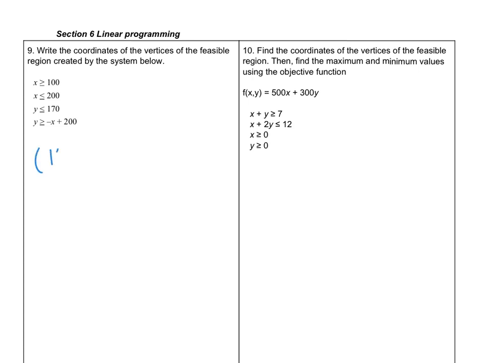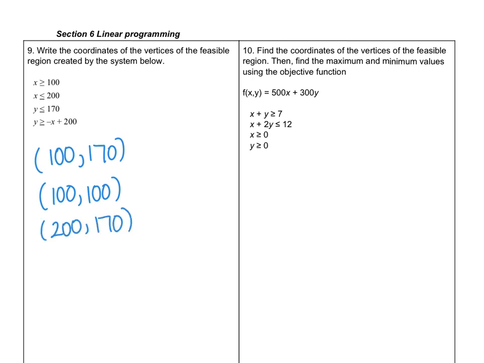Those are the points 100, 170, 100, 100, 200, 170, and lastly 200, 0. Those are the 4 points that contain the darkest region of all 4 inequalities.